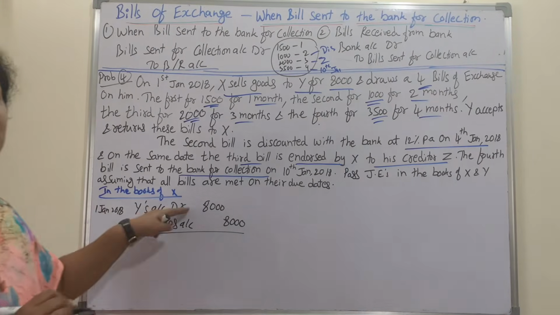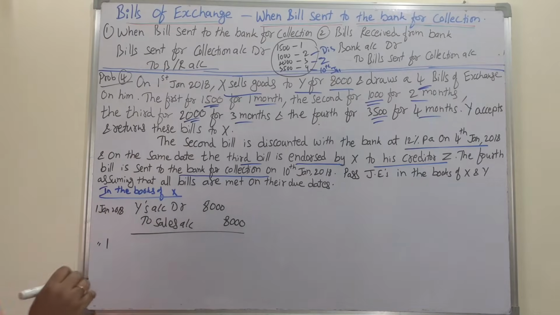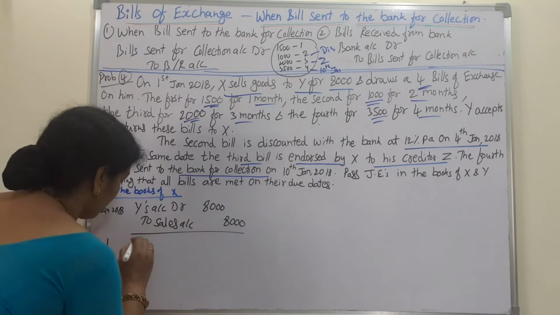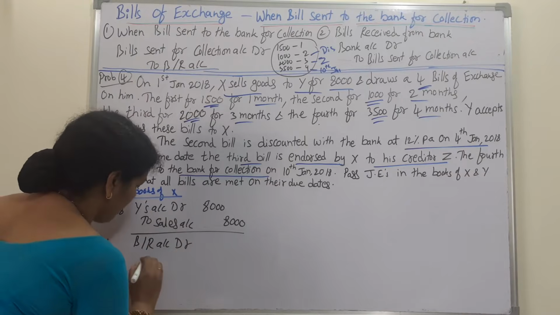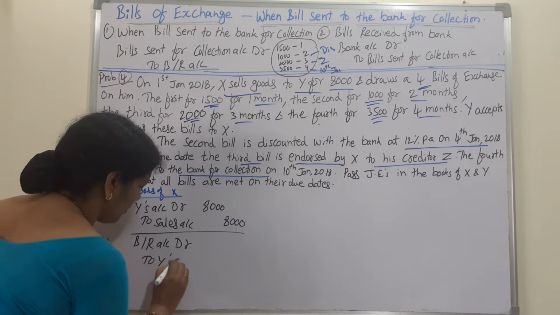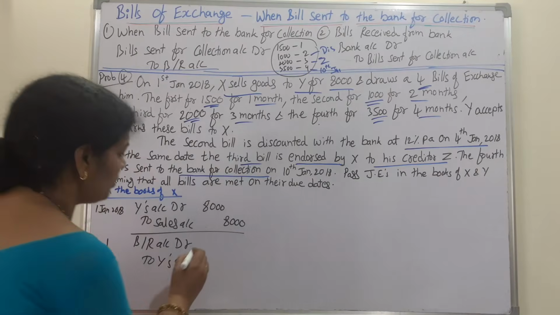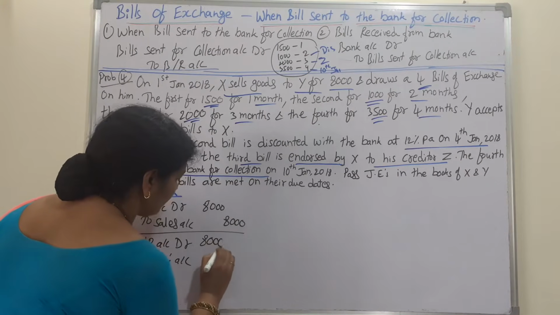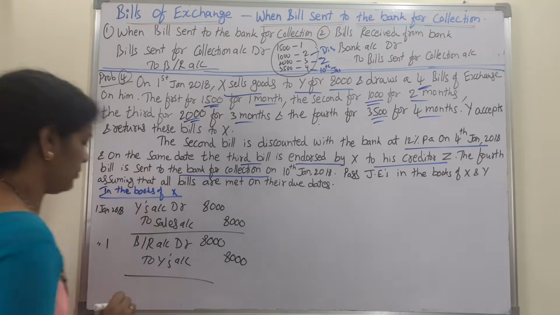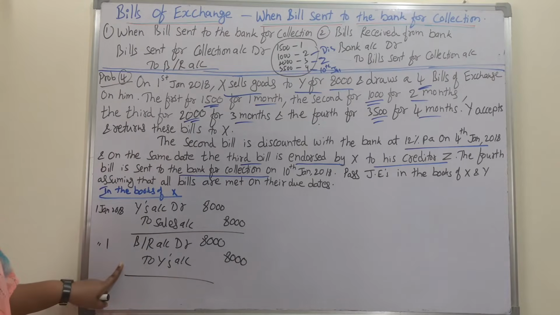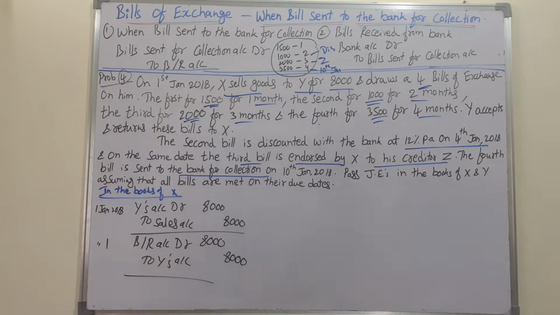When drawing bills on Y, it is bills receivable account debit to Y's account, 8,000. Being bills drawn on Y.